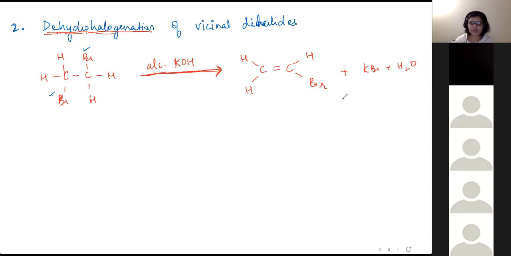Now this, on further reaction in the presence of NaNH2, Na plus NH2 minus, is going to give an alkyne, plus NaBr plus NH3.